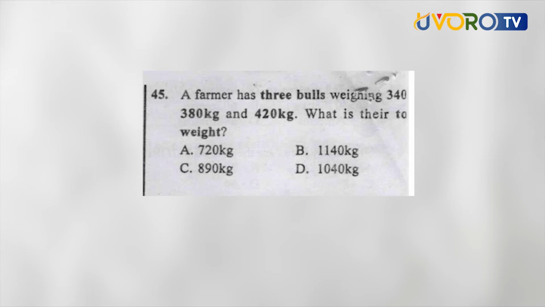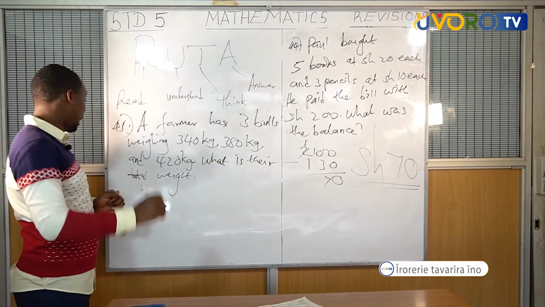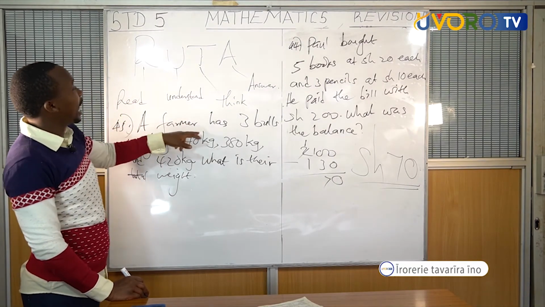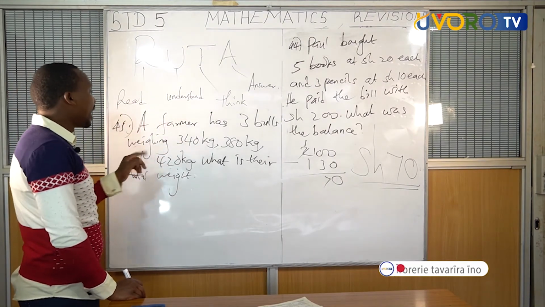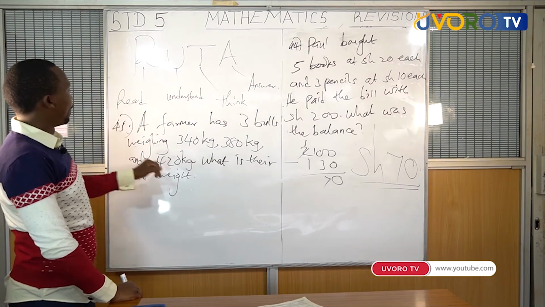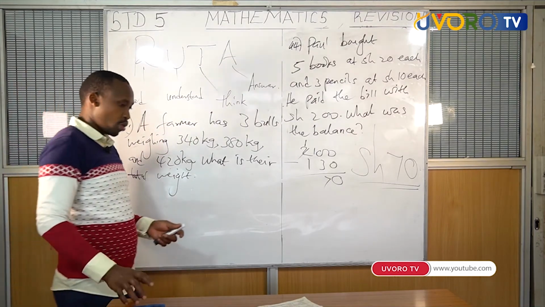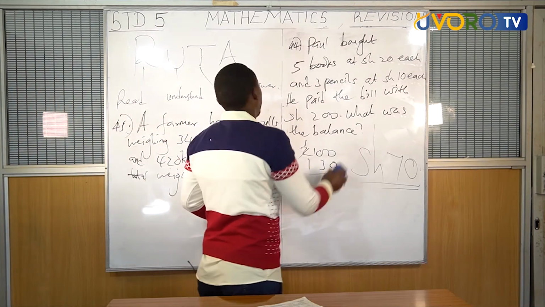Total what? Total weight. Using our formula, that is RUTA, all of you must read. R is reading, according to our first letter. A farmer has 3 bulls weighing 340, 380, and 420. What is their total weight?